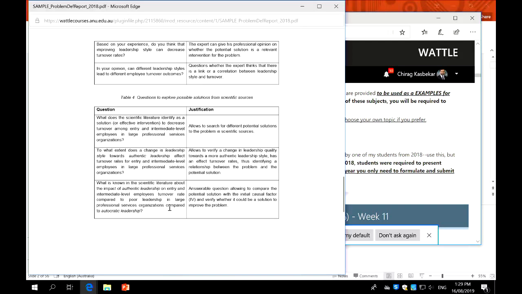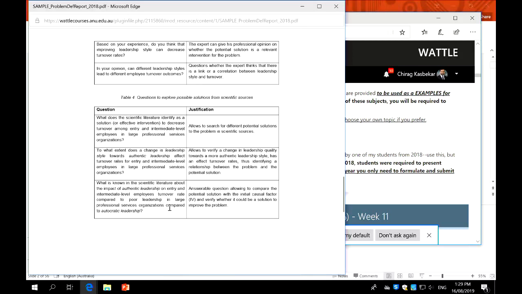Second, in terms of solutions, you could say, if employee satisfaction does lead to reduced employee productivity, what are some solutions I could use? Maybe employee loyalty programs.